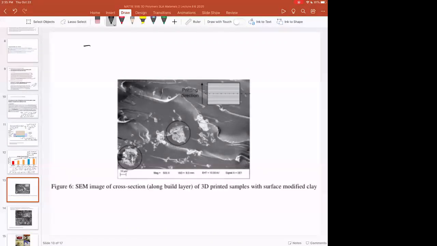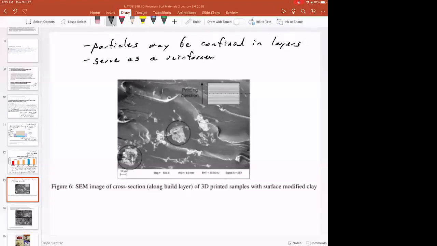So particles may be confined in layers or serve as a reinforcement across layers.